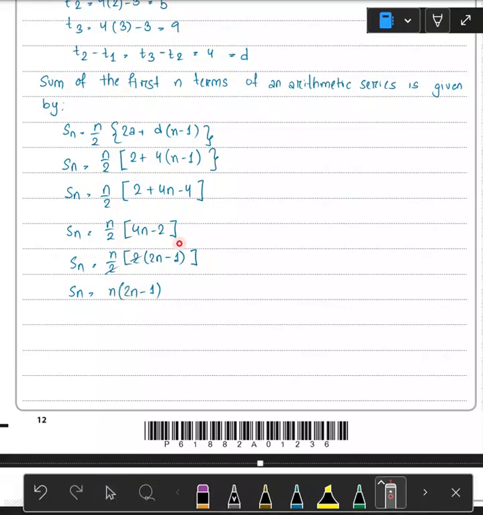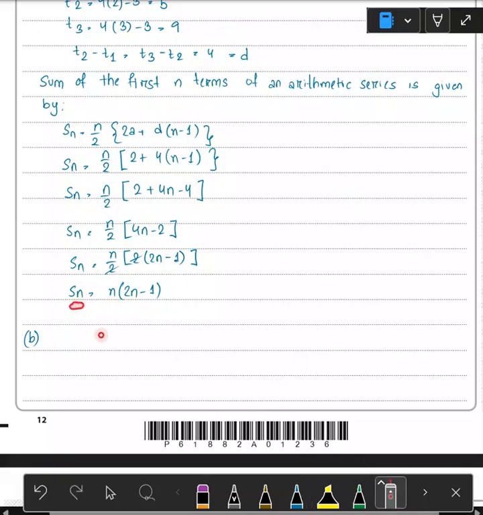So here what I will be trying to find is, to simply put, what will be the value of n for which the summation of the n number of terms will be equivalent to 1000. So what I'm trying to find is this n.